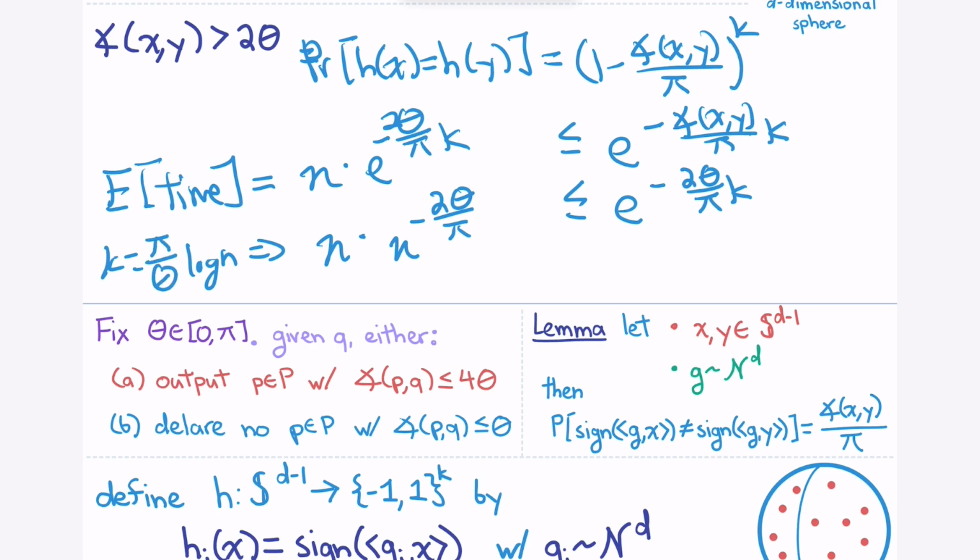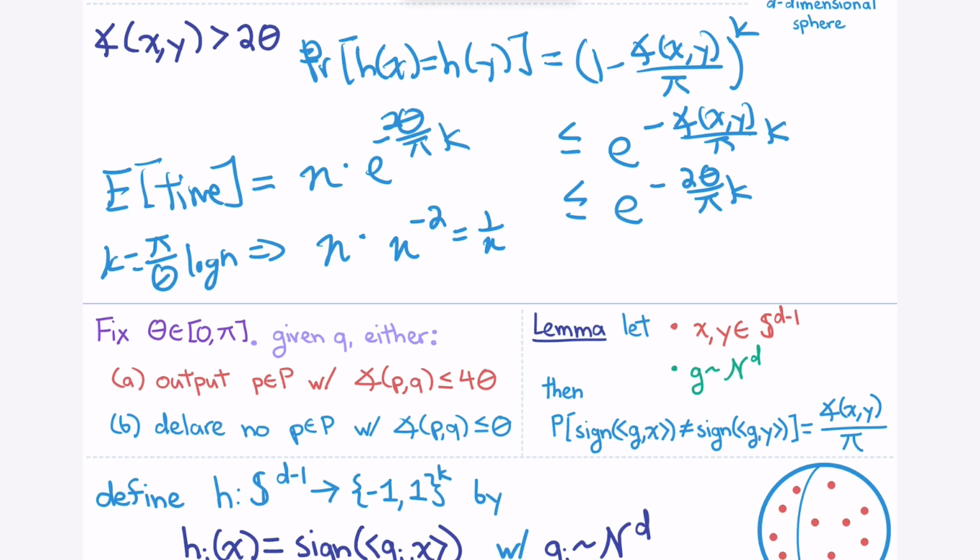So this will cancel out, and you get n to the minus 2. Did I do that right? I think I did. That's a bit weird. So you get 1 over n in expectation.